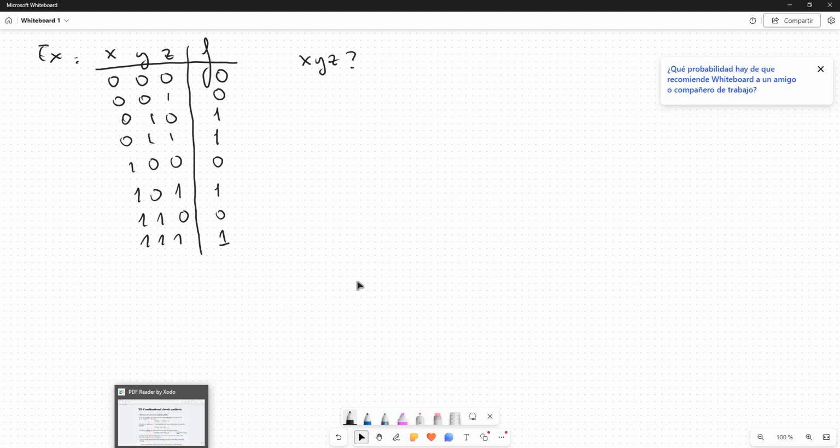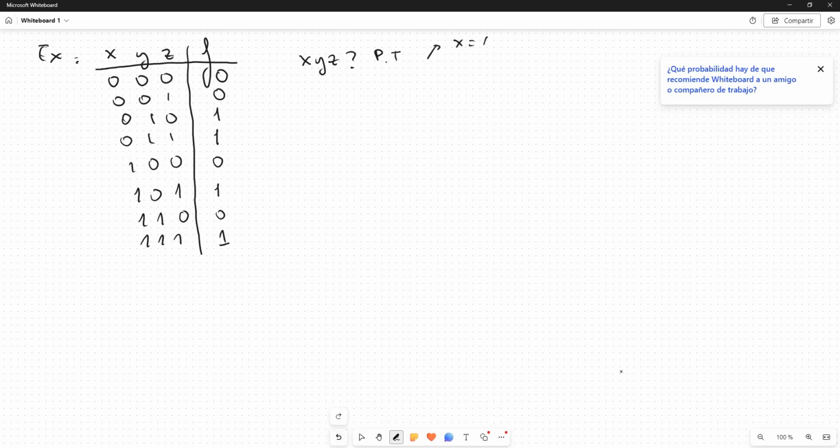Remember, implicant, product term. It's a product term, yes, because it's a product of literals. The only way of having this equal to 1, because it's an AND operation, a logic product, is that every variable is 1.